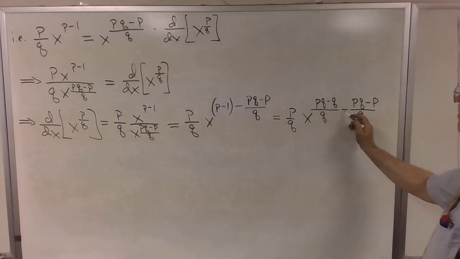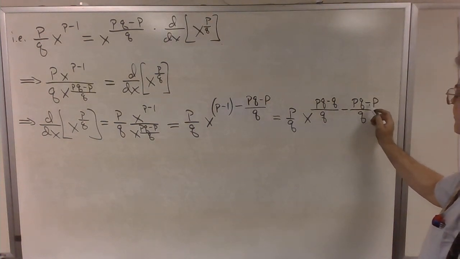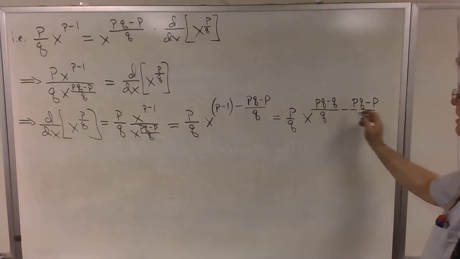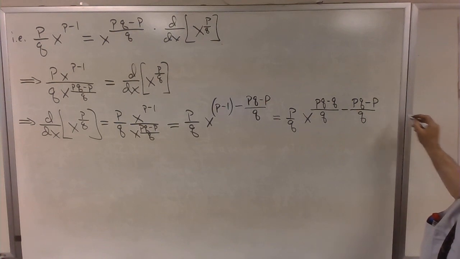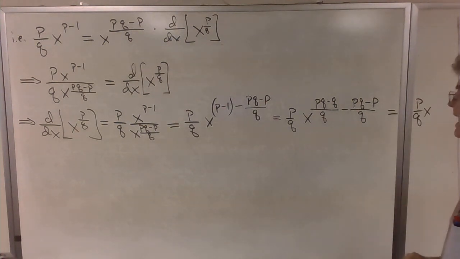So PQ minus PQ is 0. And then we have negative, and negative P is positive P minus Q. Oh, good. P over Q x.